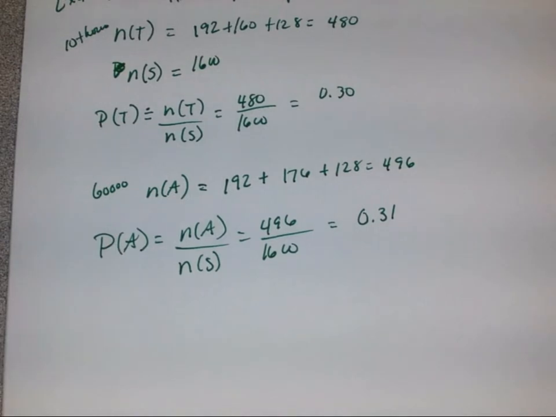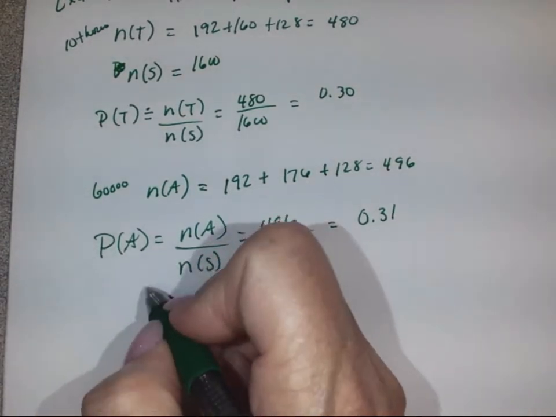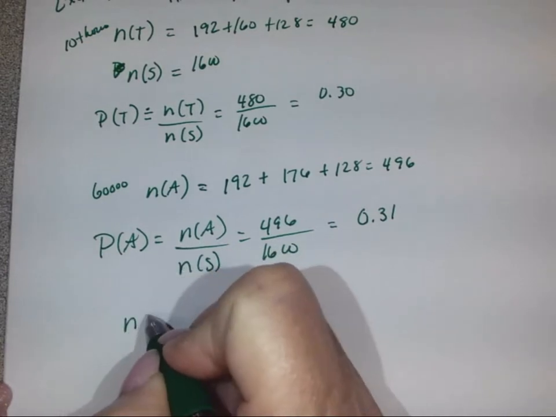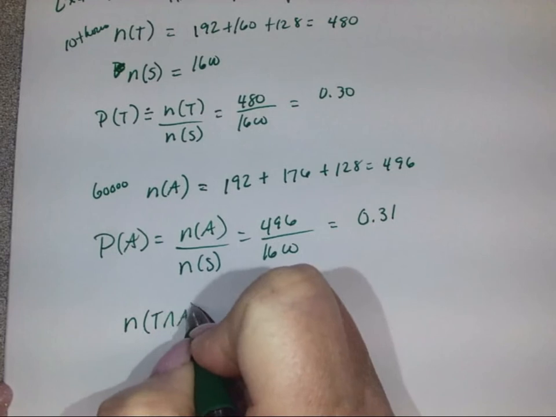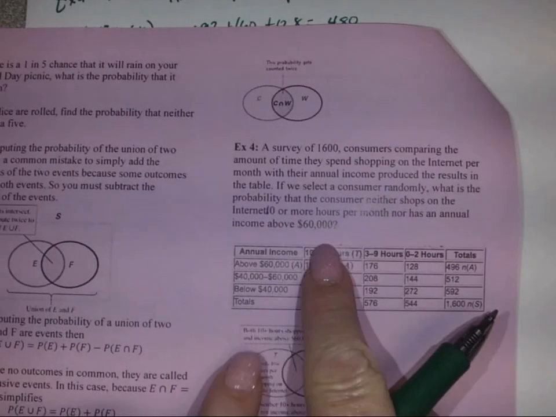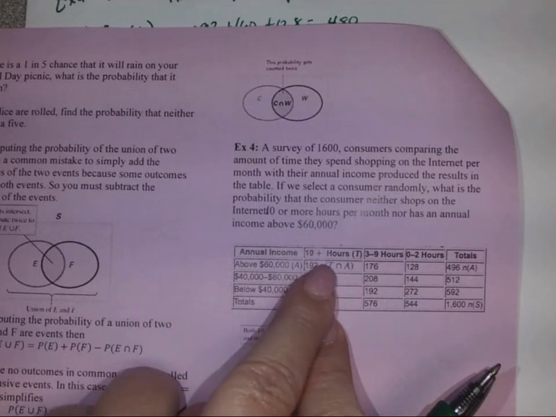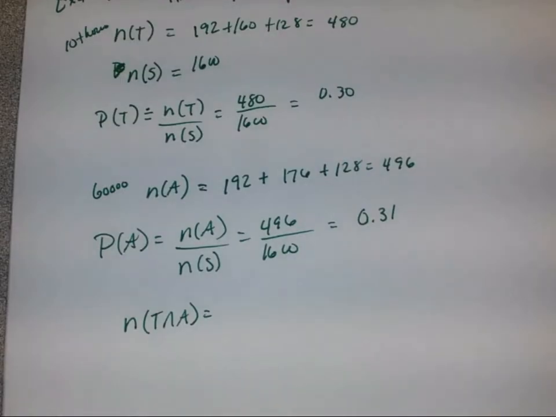Now what we need is the intersection. So the intersection of our T intersected with A, we can pull right from the chart. Here is our 10 hours, here's our 60,000, so that's where it overlaps, right there, and it's 192.